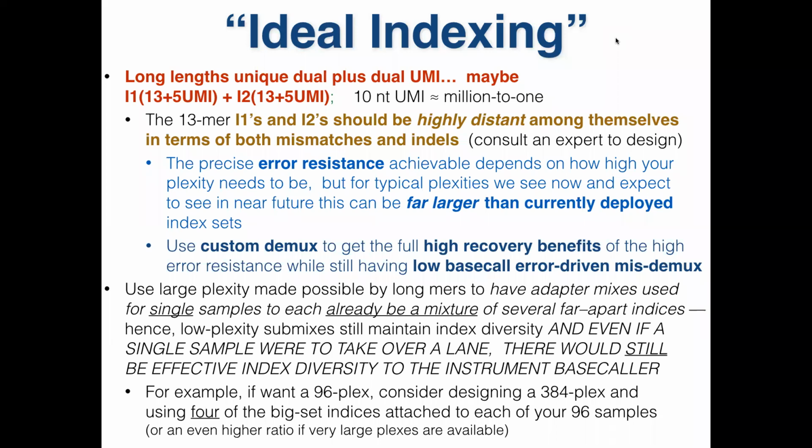But even if you just used bcl-fast2 and gave up on the high recovery aspect, you're still going to get high resistance to base call errors, because the indices are so far apart.